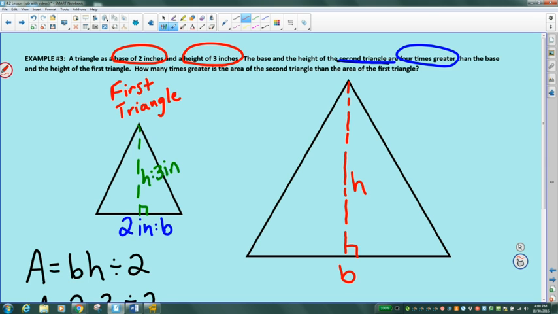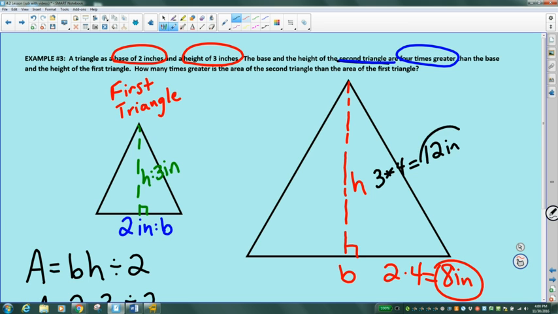And instead of having 2, it's going to be 2 times 4, 4 times larger, which means the base is going to equal 8 inches. And the height is going to be 3 times 4, which equals 12 inches. Okay?